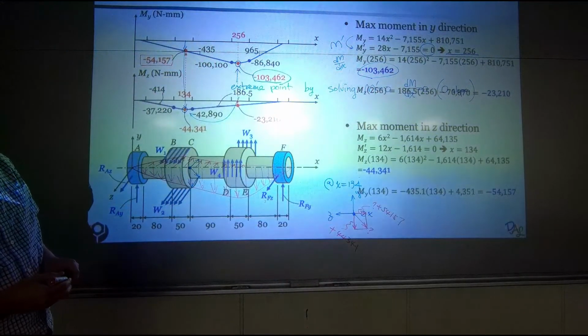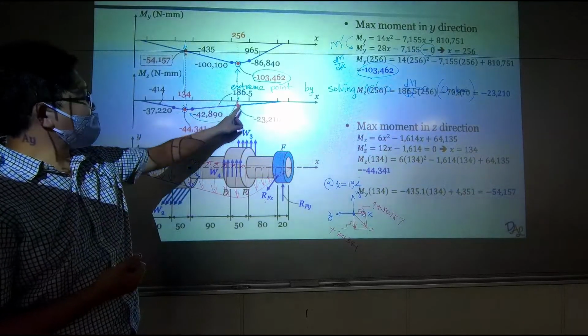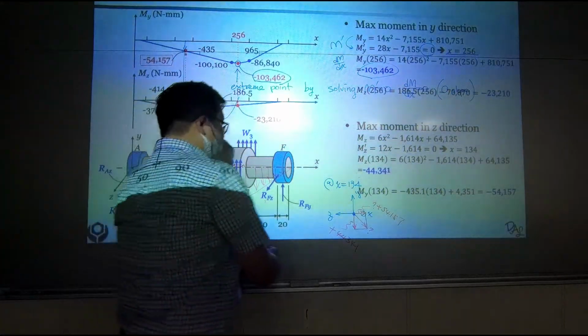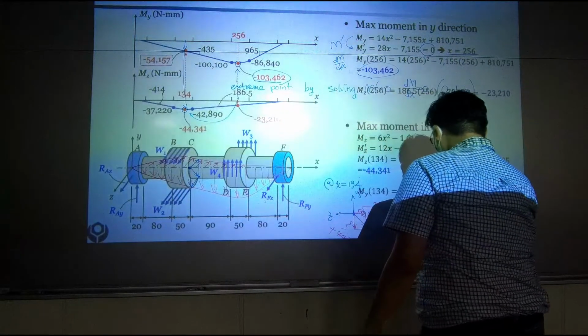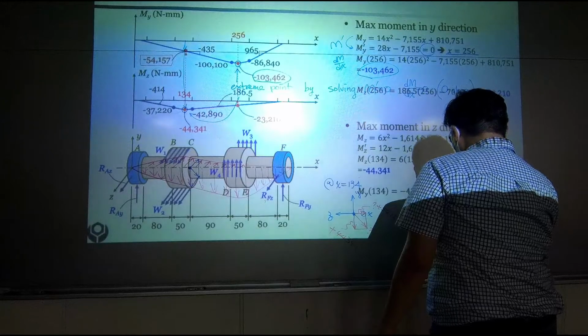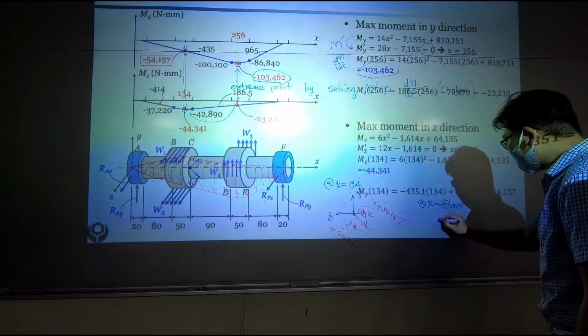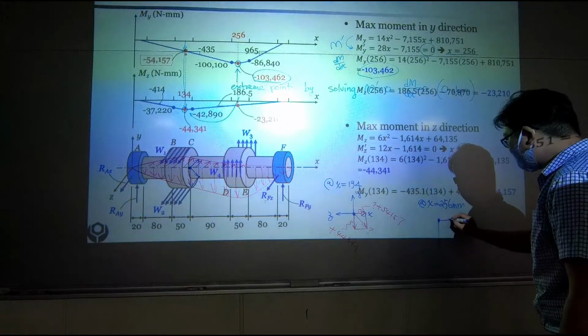Okay, and also right at this 256 point, 256 millimeter position, right over there. Similarly, I will have two bending moments.